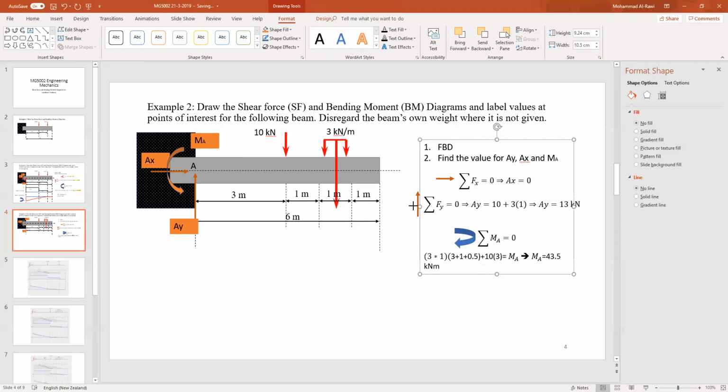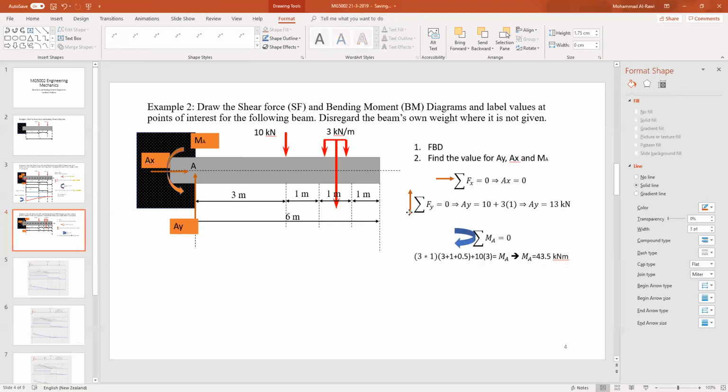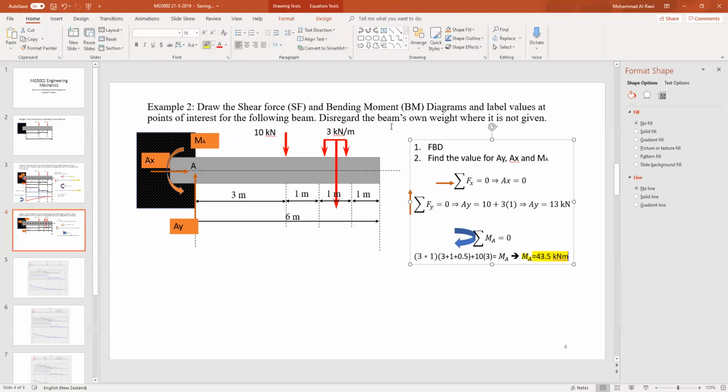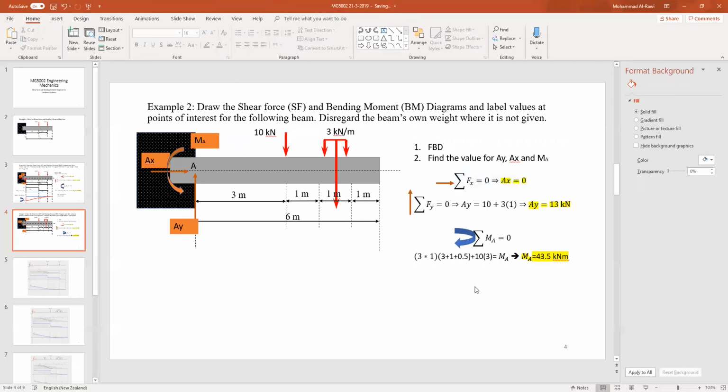So we managed to calculate the value for MA. I highlight these values to make sure I know them and can use them at some stage. It's very good to be tidy and show all the results.